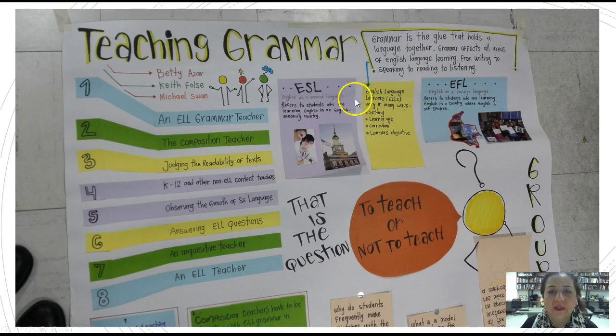Anyway, regardless of whether it is an ESL or an EFL context, our students are called English language learners, or ELLs. You're going to find this term in many different places in the literature. English language learners vary in many ways: in setting, learner age, curriculum, learner's objective.